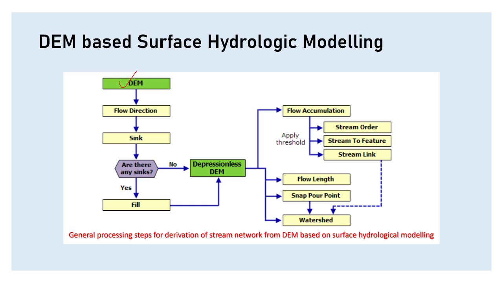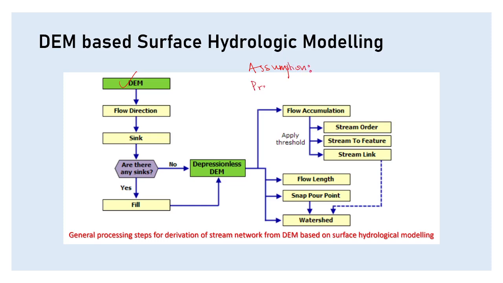And here we basically have to make an assumption, quite a big assumption, when we are doing this surface hydrologic modeling. The assumption is that whatever precipitation occurs has to come out through the outlet. Based on that assumption only, this modeling is done. So what is the assumption?